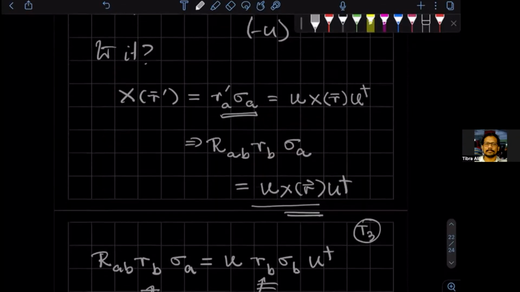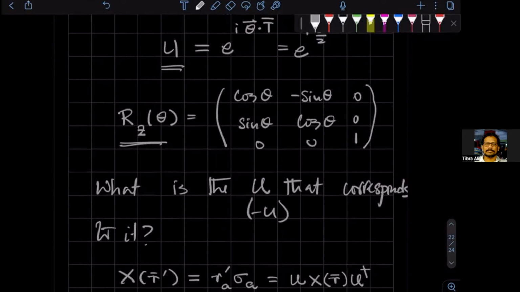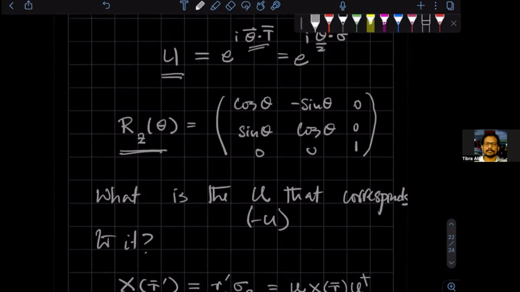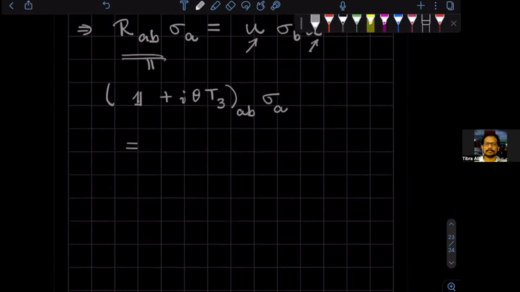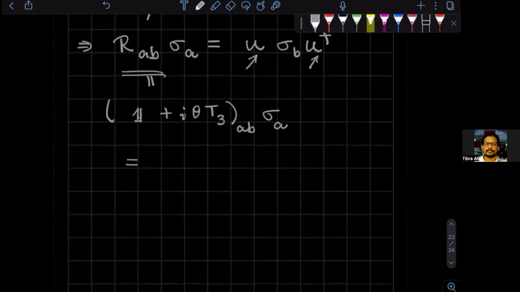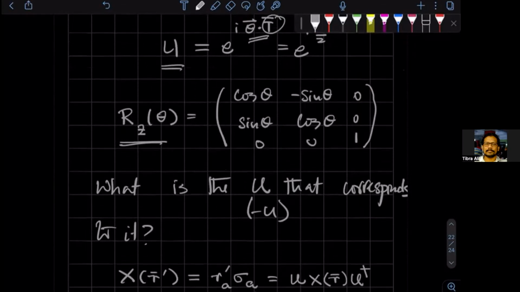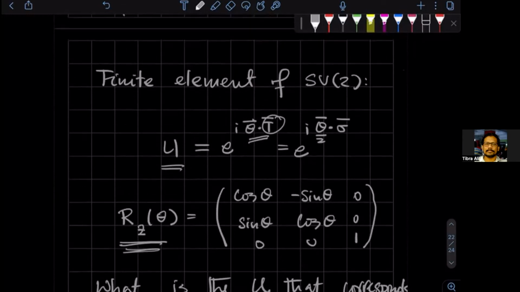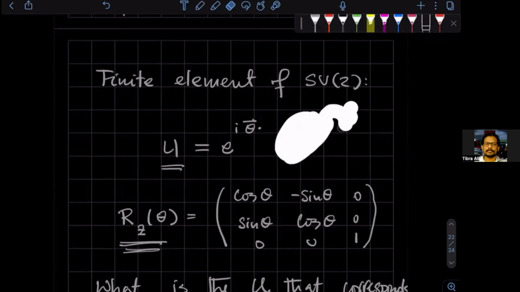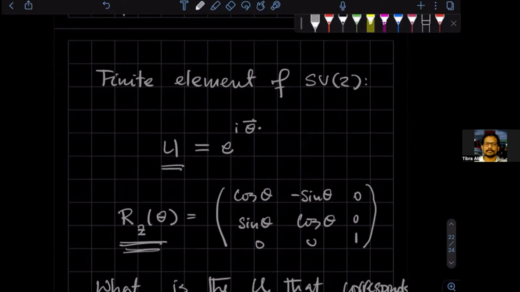Okay, so because you will have some expansion in theta, we just don't know what this T is. It's going to be T3, but we don't know that yet. Or tau 3, I should say. Because I'm using T as a generator of R, let me use a different symbol for the generators of U, let's call this tau.